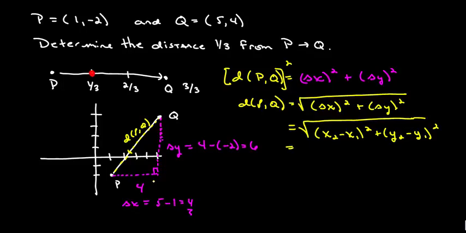And so x2, which is 5, you're going to see that these numbers, this 4 and this 6, are going to show up right in here.